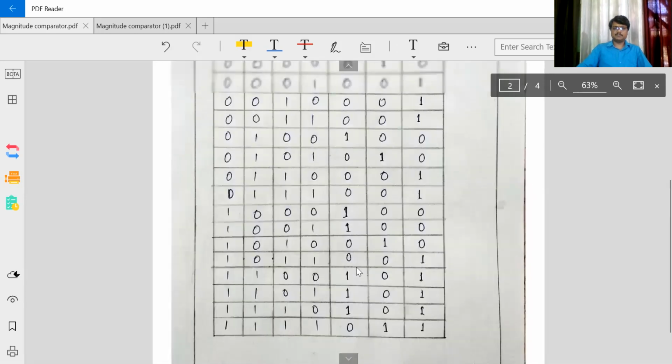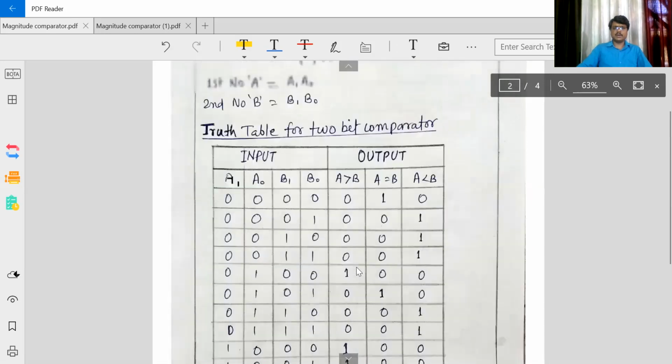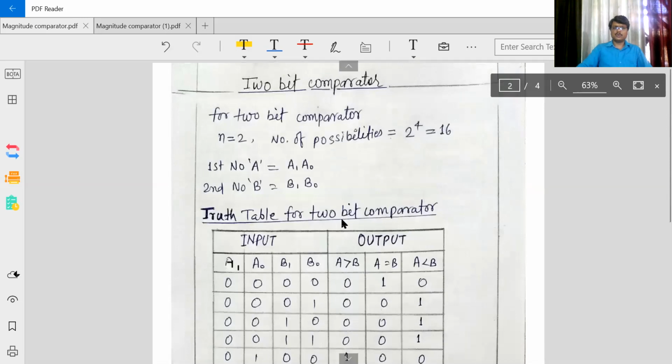And if we come to the next thing, let us suppose here we are making the truth table for two numbers of 2 bits that will be compared with this circuit. Why are we taking n equal to 2?